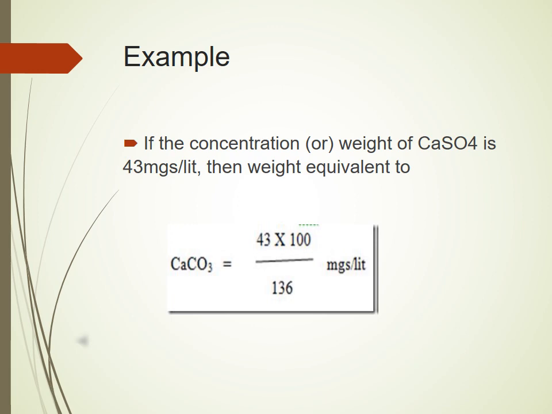The concentration of the impurity is given in the question, that is 43 milligrams per liter, divided by the molecular weight of the impurity, which is 136. By calculation, we are able to determine the concentration of the impurity in terms of the calcium carbonate equivalent.